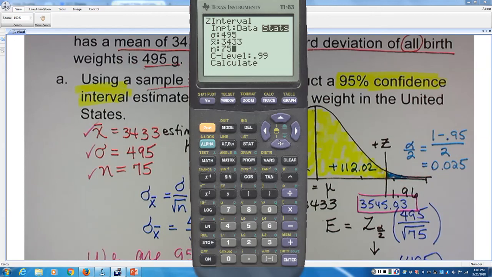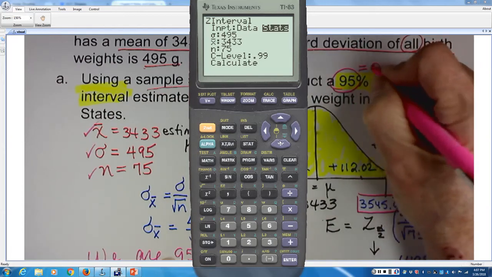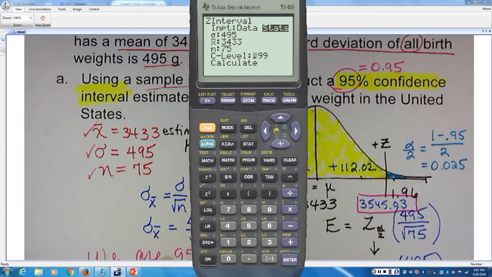And the last question it asks us is, okay, what's your confidence level? And we're going to enter it as a decimal. And you only have one choice after that. You let it calculate.